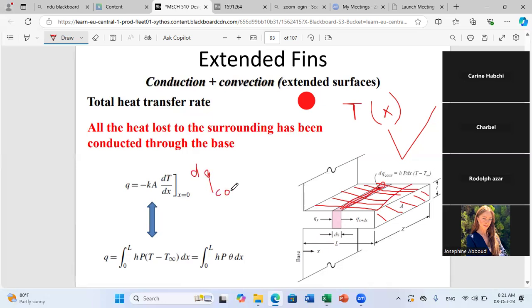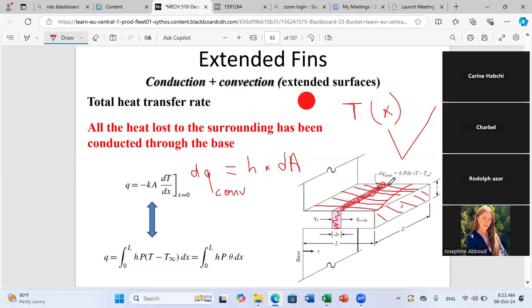The elementary convection through a small area is equal to h, the convective coefficient, times the perimeter. We need to consider now the elementary area of exchange, dA. But what is dA? dA is this area here.